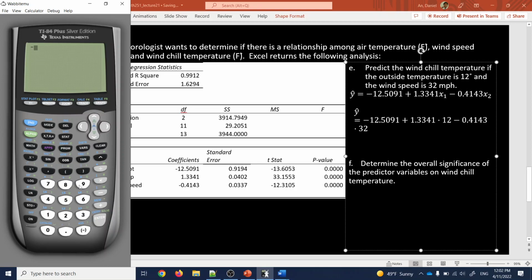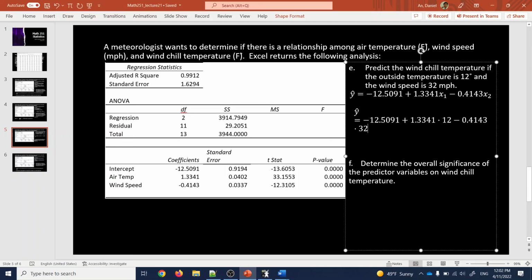Negative 12.5091 plus 1.3341 times 12, then minus 0.4143 times 32. And you get negative 9.75. So the answer is negative 9.75 degrees Fahrenheit.